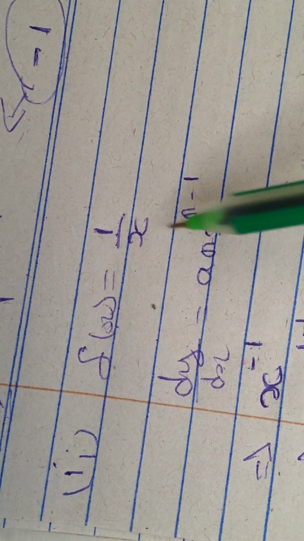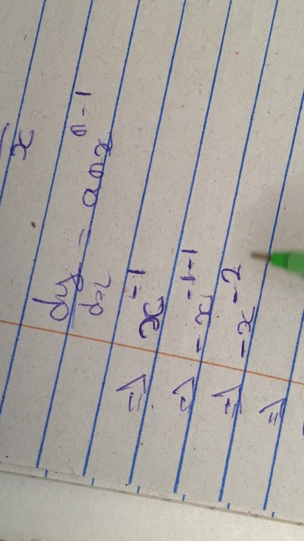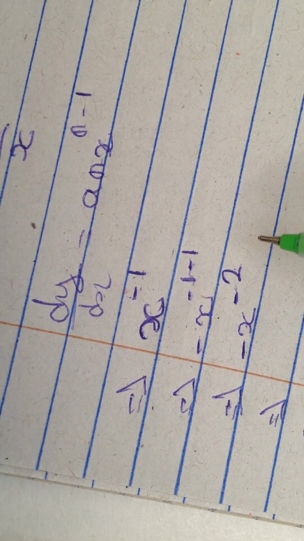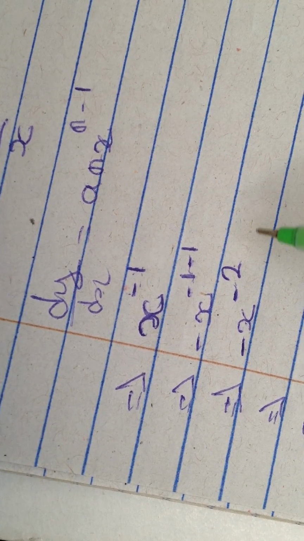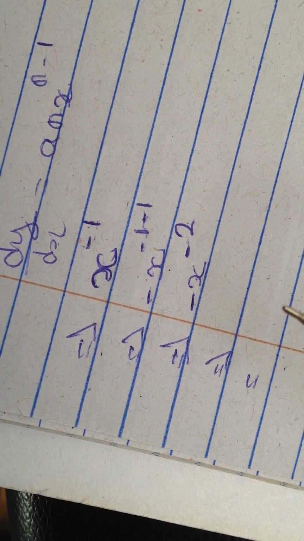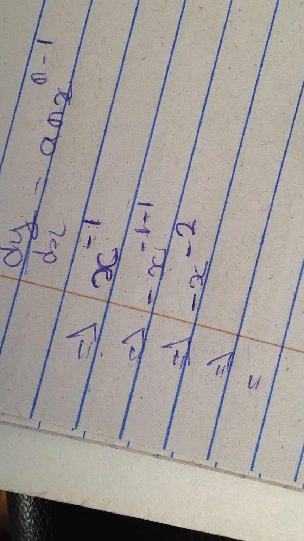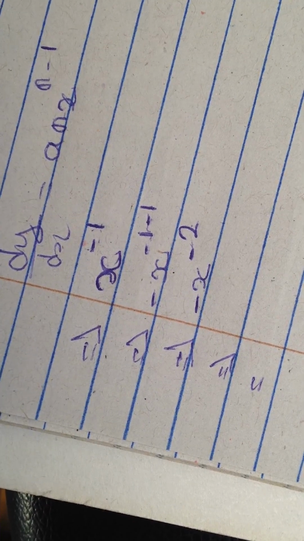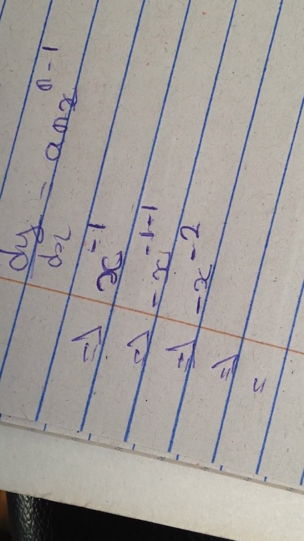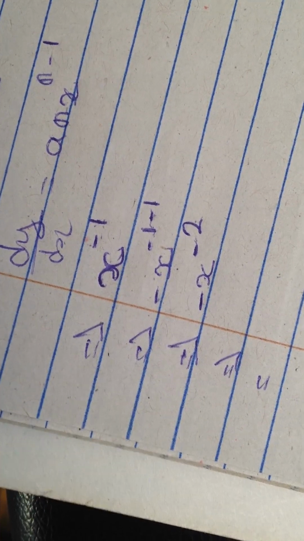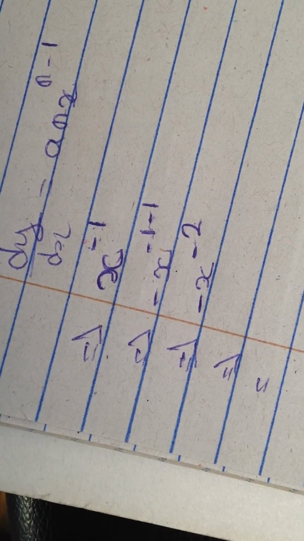By the rules of mathematics, when you're dealing with differentiation, you are supposed to leave your answer in positive form, not in negative. You can end here, but you're going to have low marks. If it is 5 marks, they might give you 4 out of 5, and if you are lucky, if the marker has a heart, they can give you 5 out of 5, but let's try by all means to leave our answer in positive form.